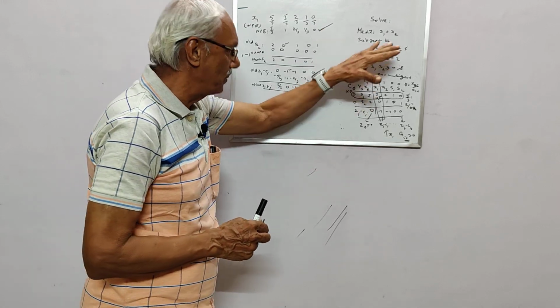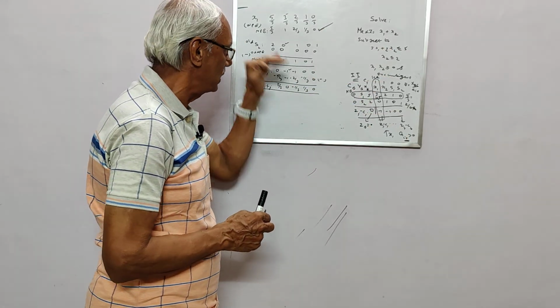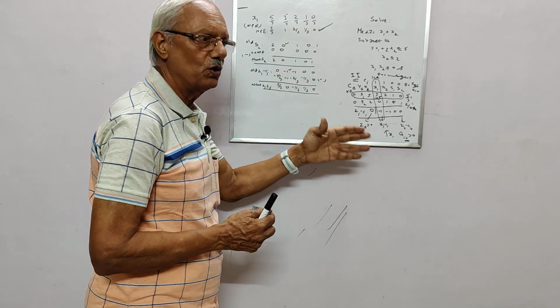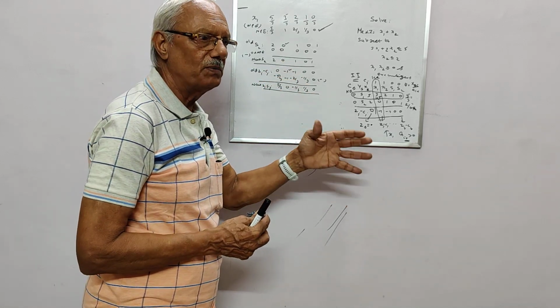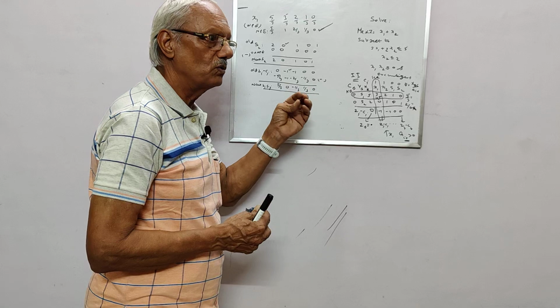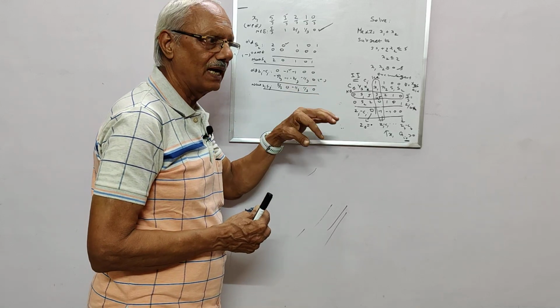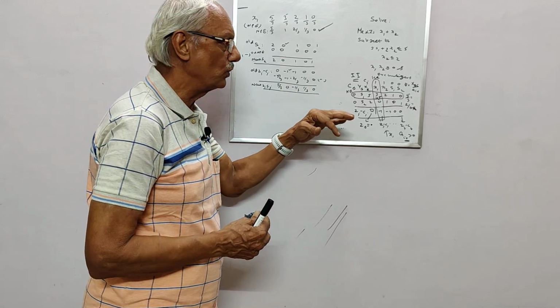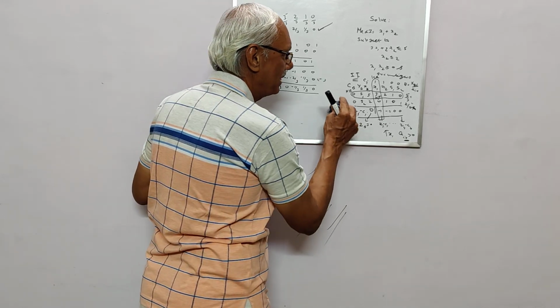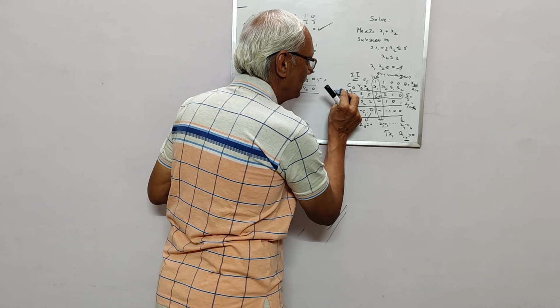Even without preparing the iteration table you can do this. But for your understanding, because you may not be so conversant with this, I prepare the table here for you. So you see what you will get here.